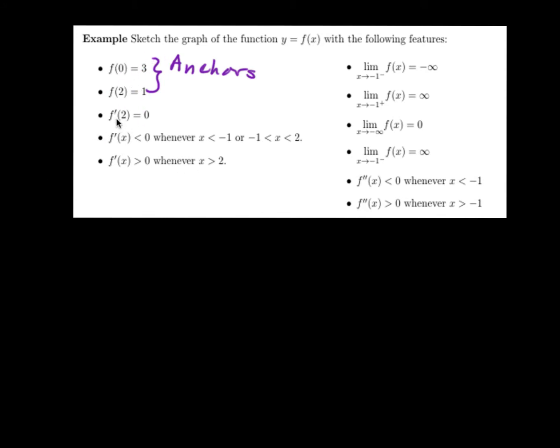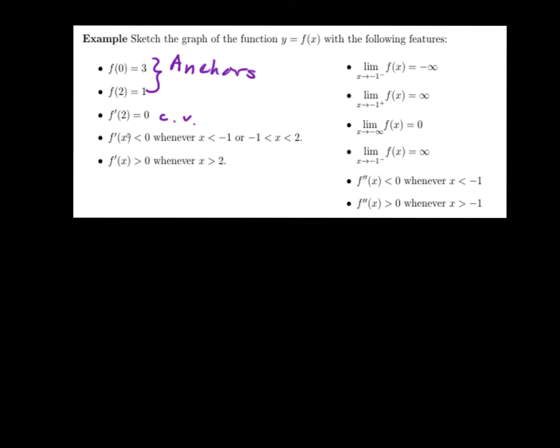Then we find out that the derivative is 0 at 2. So here's a critical value, right? We know that the derivative is negative whenever x is less than -1, or whenever x is between -1 and 2.